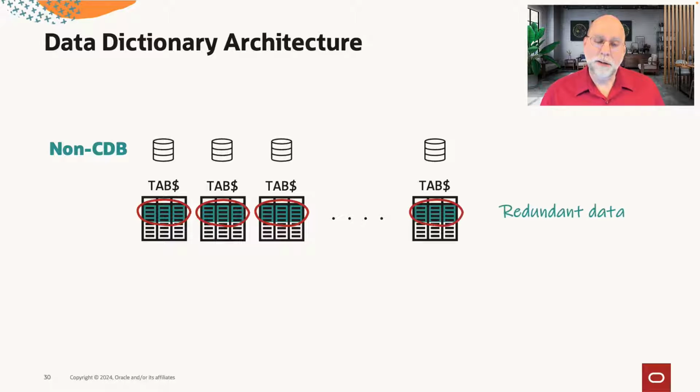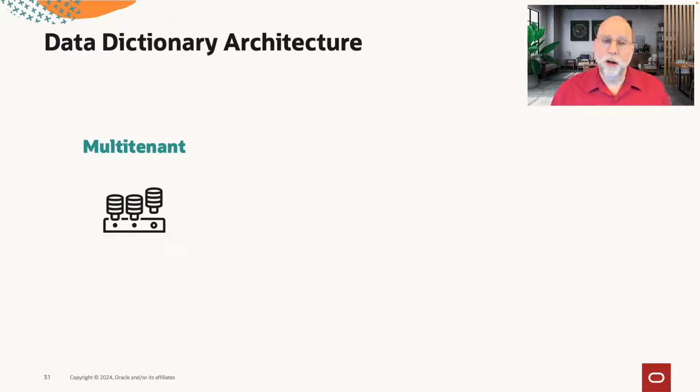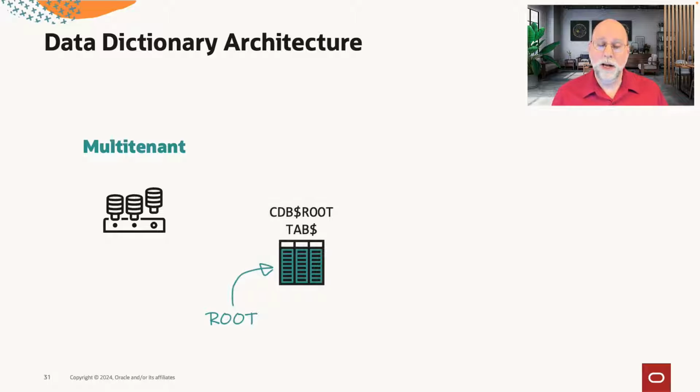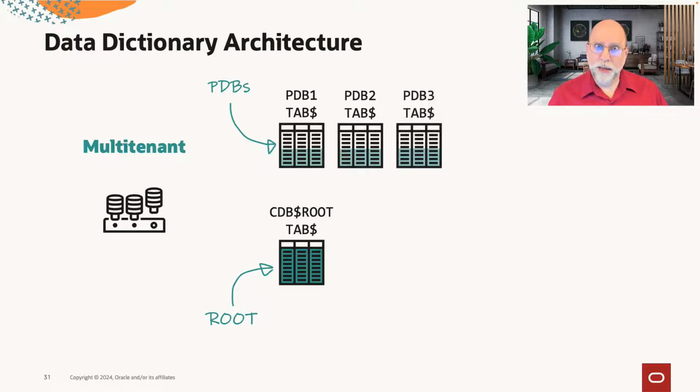Now let's contrast that to the multi-tenant environment, where you have one container database and multiple pluggable databases. In the root, we of course have tab$, just like you would have in any database that needs a data dictionary, and it's going to have those Oracle maintained tables, and those live in the CDB root. Now the PDBs have their own version of that. However, the common aspects of that are maintained via metadata links.